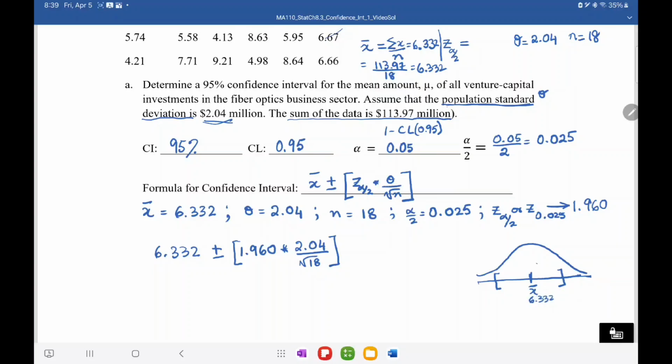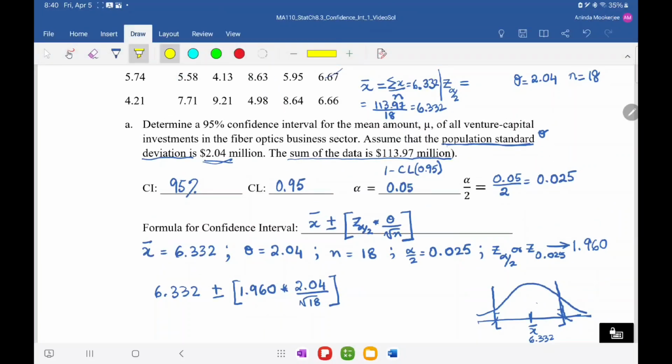We have to find the endpoints of the confidence interval we are building around the center point. I'm going to extend the endpoints and have the vertical lines touch the curve, and now I'm going to shade the area bounded by the two endpoints, and that would be 0.95. That's the confidence level.